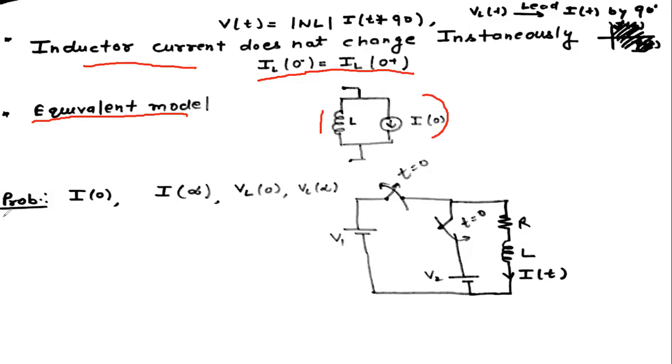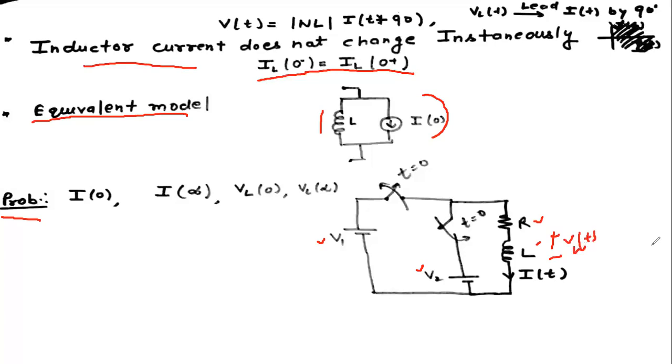Here again we are discussing one problem. Here is the voltage V1 and V2, and the resistance value is R and L, and i(t) is the current, and suppose vL(t) is the voltage across the inductor.